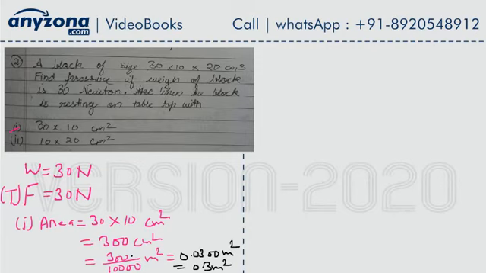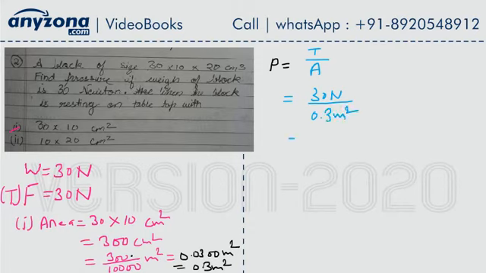Now find the pressure for the first condition. So pressure for the first condition, pressure is equal to thrust upon area, and the thrust is already given here, 30 Newton. So write here 30 Newton upon area, 0.3 meter square.